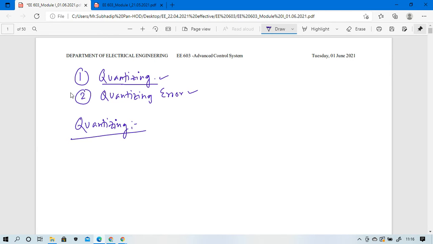So if we consider the standard number system used for processing digital signals, it is the binary number system.